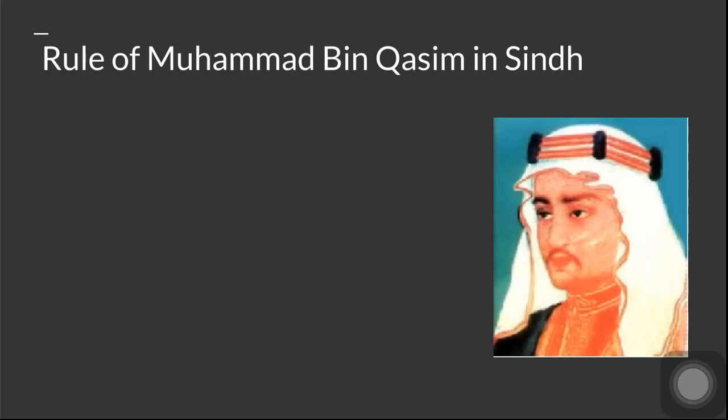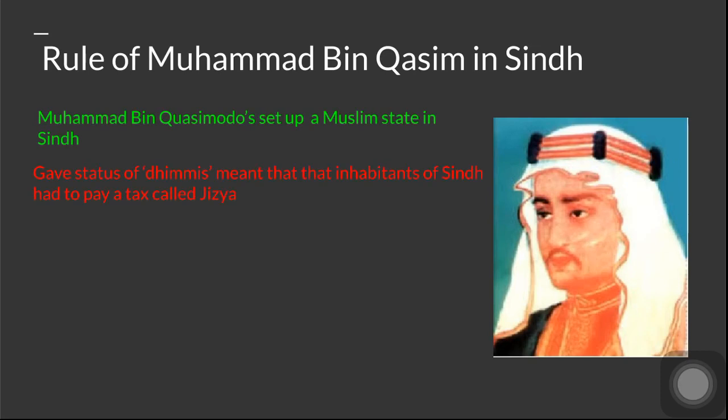Muhammad bin Qasim set up a Muslim state in Sindh and gave the status of dhimmi, or protected people, to the inhabitants of Sindh. This meant that they had to pay a tax called jizya to the governor. Apart from this tax, the dhimmis were free to practice their religion and had all the privileges of the state.